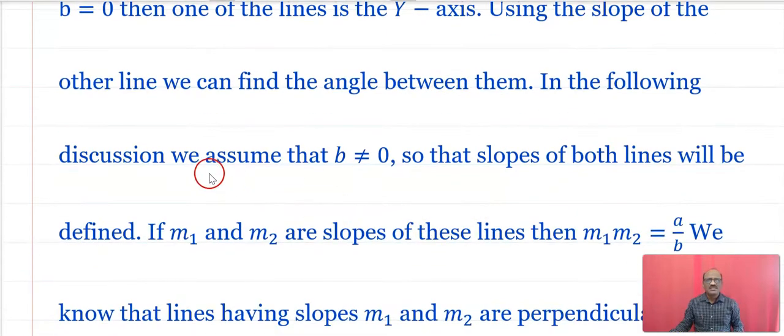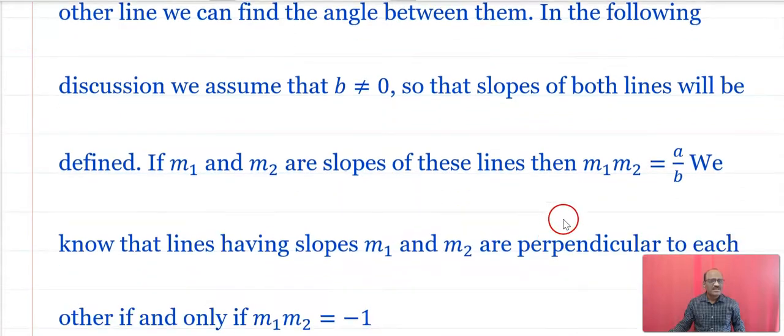In the following discussion, we assume that b is not equal to 0, so that slopes of both lines will be defined. If m1 and m2 are the slopes of these lines, then the product of their slopes, m1 into m2, is equal to a upon b, which we have seen in the auxiliary equation.